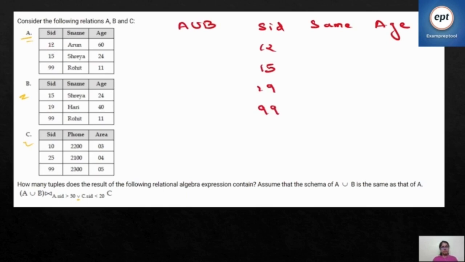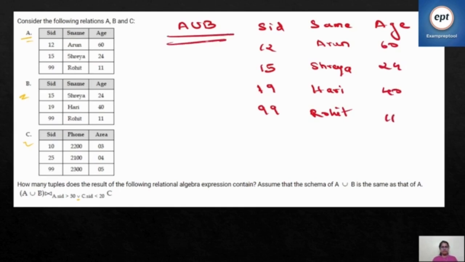Union we have to take, so 12 we will get, 15 we will write one time, 19 we will write, and 99 we will write. Arun we will get, after that Shreya, and in 19 it will be Hari, and in 99 it will be Rohit, and their respective ages will be 60, 24, 40 and 11. So this is A union B.